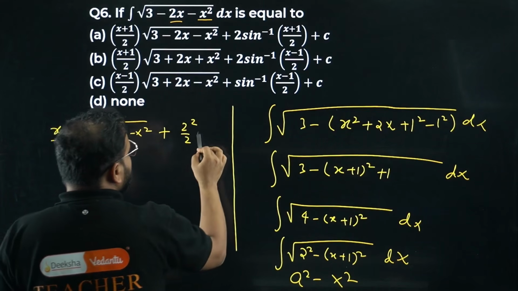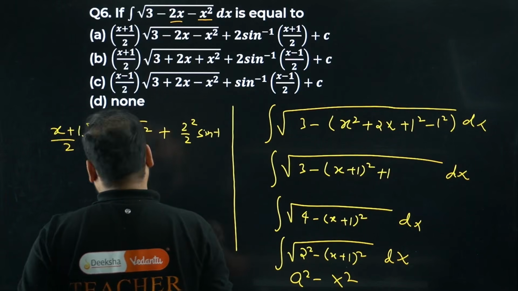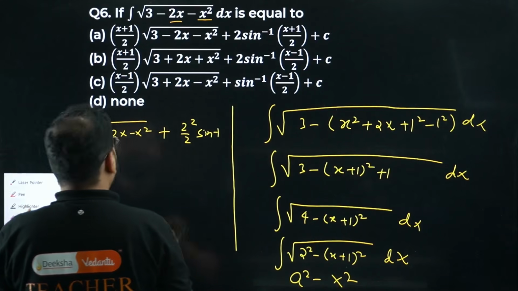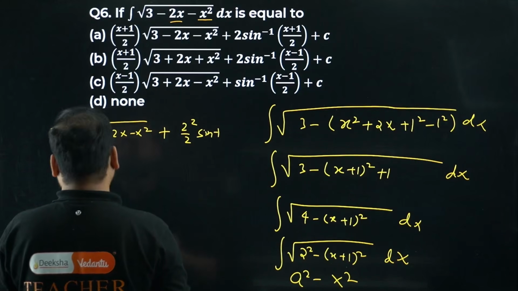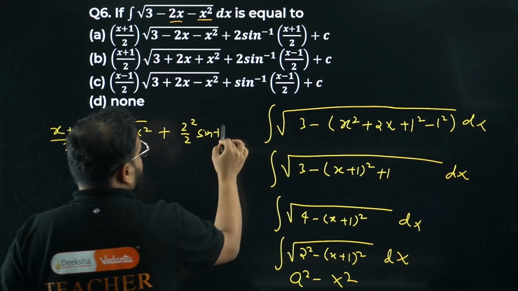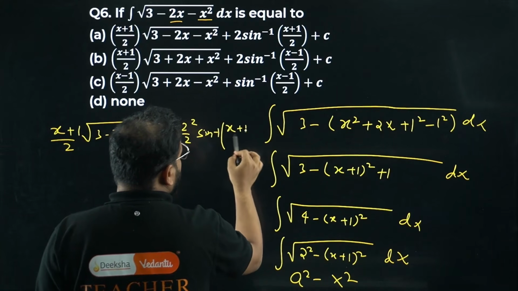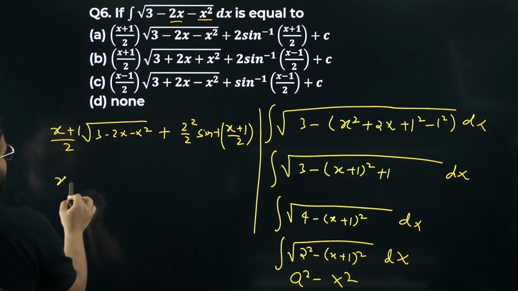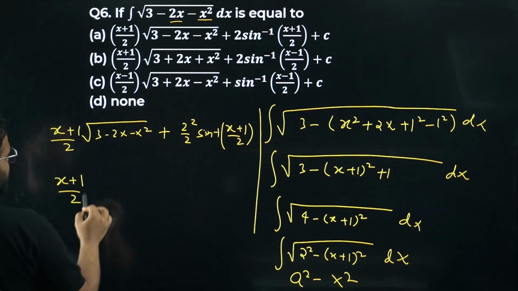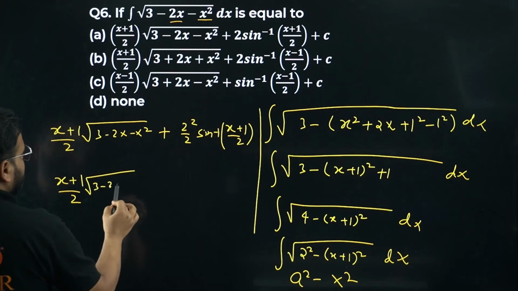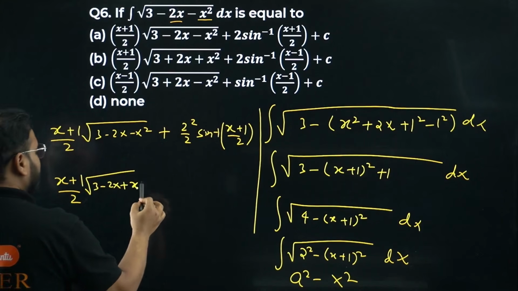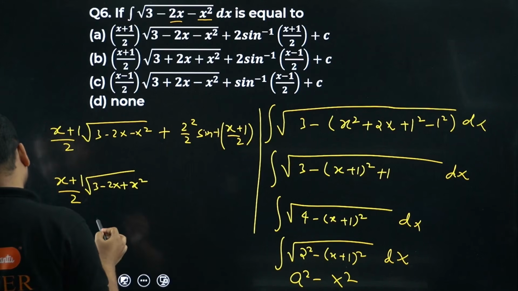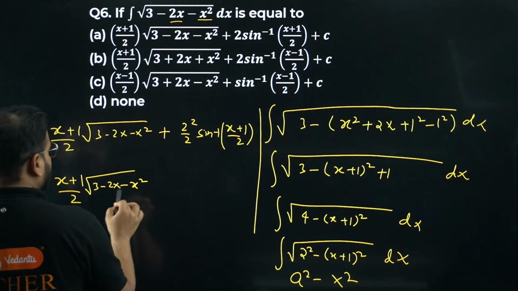What else do I have? Sin inverse of x by a. What is x? X plus 1 by 2. Please check. I can simplify this. So x plus 1 by 2 root of 3 minus 2x minus x square. I had taken a plus sign over here, it will be minus only.